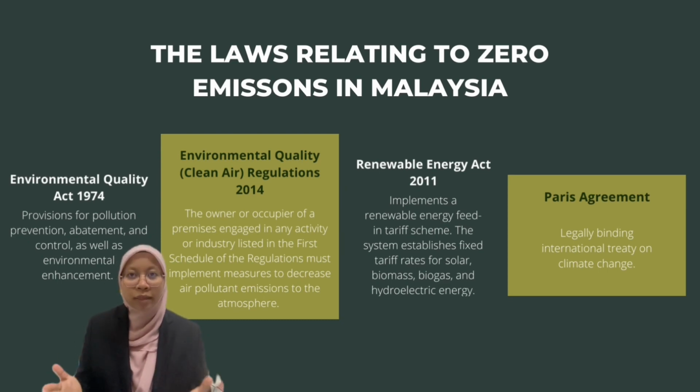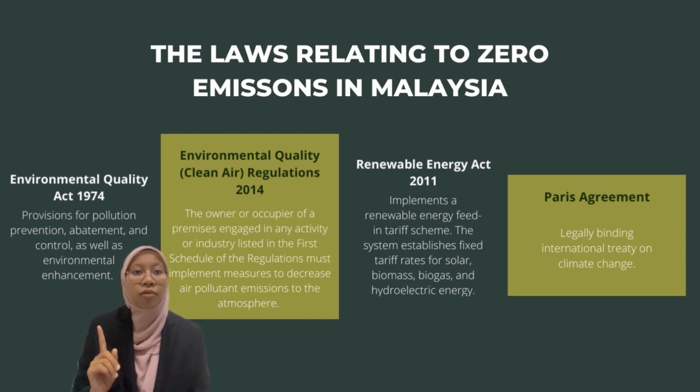Next is the Environmental Quality Clean Air Regulation 2014, which states that any owner or occupier of a premise involved in any activities or industry listed in the first schedule of the Clean Air Regulations must comply with the Clean Air Regulations. The Clean Air Regulations also include provision for the installation and monitoring of an air pollution control system, as well as offences and penalties.